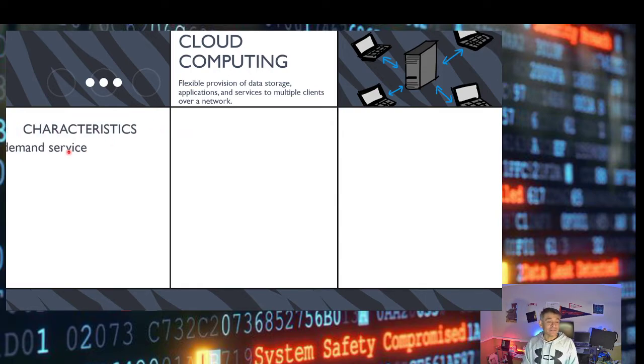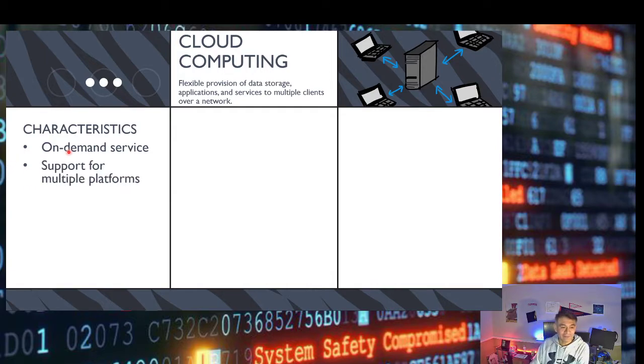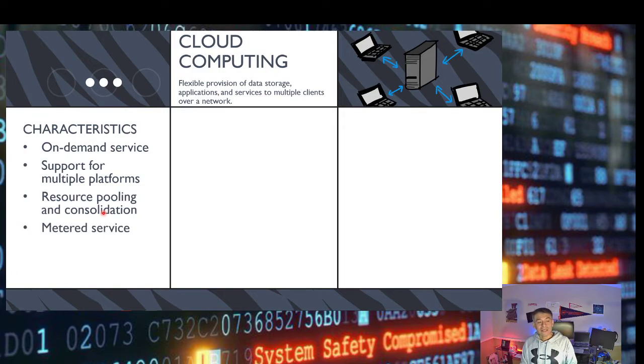The characteristics of cloud computing include on-demand service, support for multiple platforms. You can pretty much deploy Windows, Mac OS, Linux, any type of network devices that are virtualized. You have the ability of resource pooling and consolidation. Metered services, meaning you pay for what you consume in the cloud.